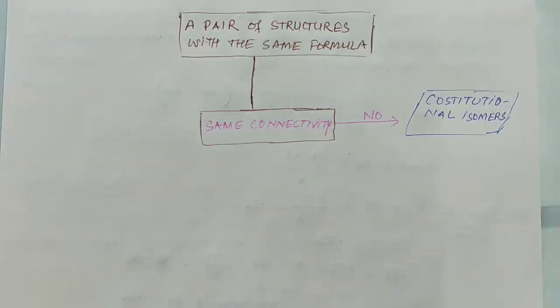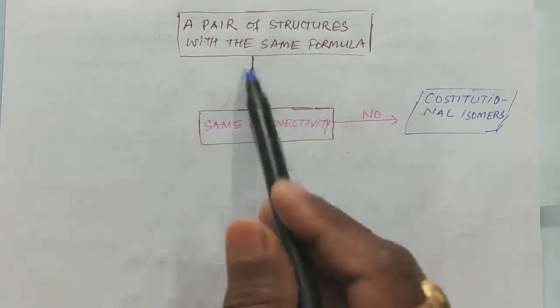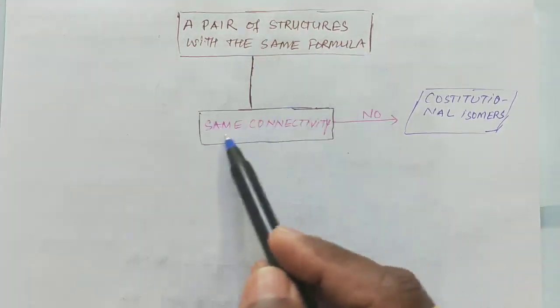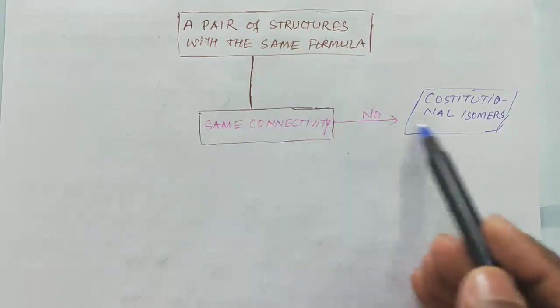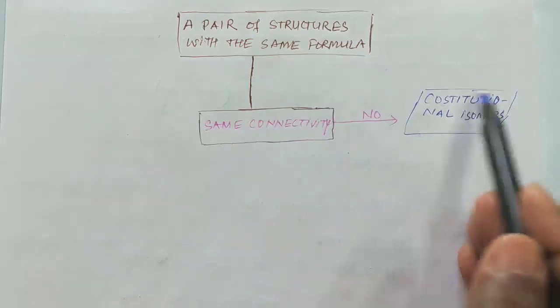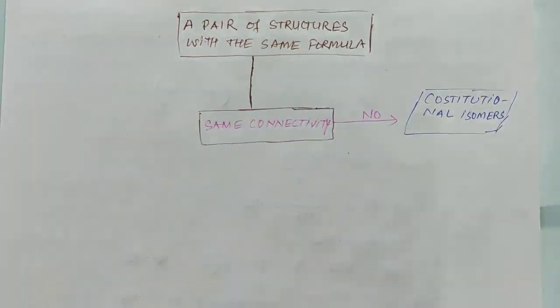So whenever a pair of structures is given and it is asked, tell me which kind of isomeric relation they are sharing, you have to follow this flow chart. Pair of structures with the same formula, same connectivity? No. Answer is no, means they are constitutional isomers.